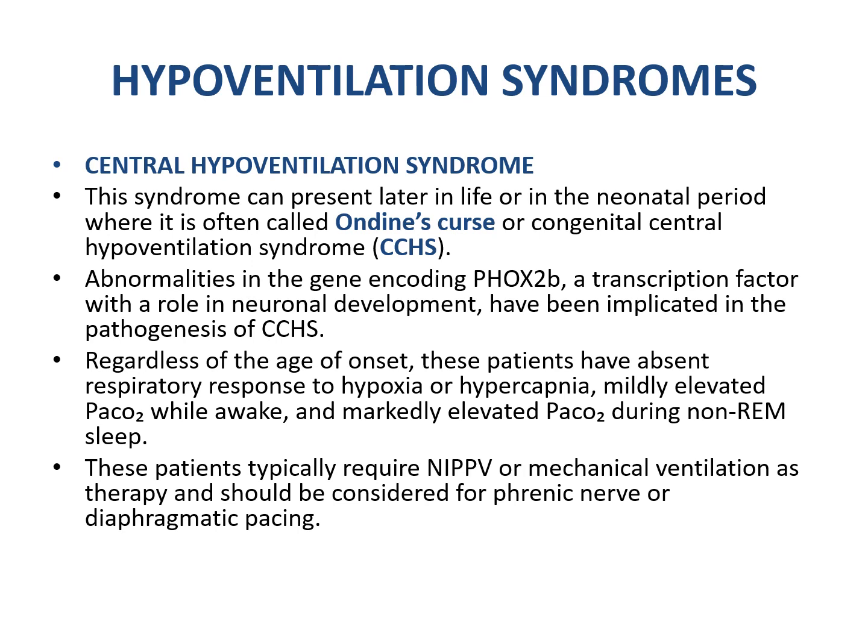Regardless of the age of onset, these patients have absent respiratory response to hypoxia or hypercapnia, mildly elevated PaCO2 while awake, and markedly elevated PaCO2 during non-REM sleep. These patients typically require nocturnal ventilation or mechanical ventilation as therapy and should be considered for phrenic nerve or diaphragmatic pacing.